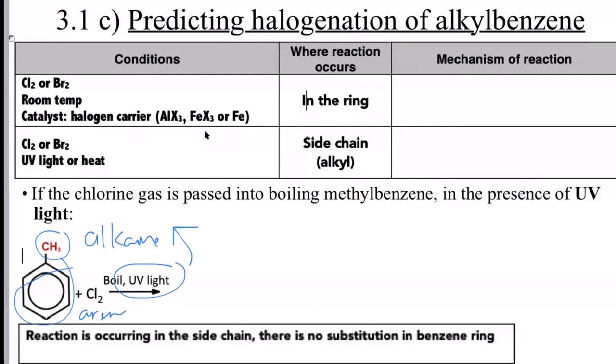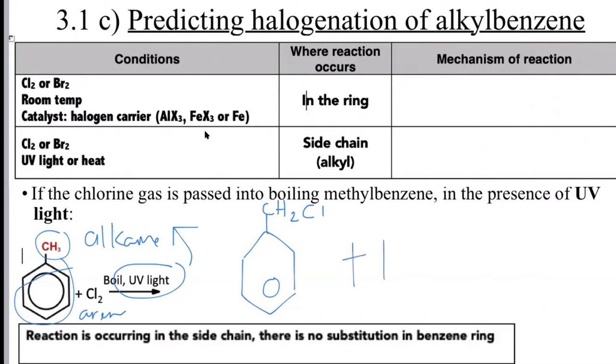So that means your product, if we just talk about mono substitution, your benzene stays the same. So your product is now CH2Cl. Just talk about one substitution, mono substitution.